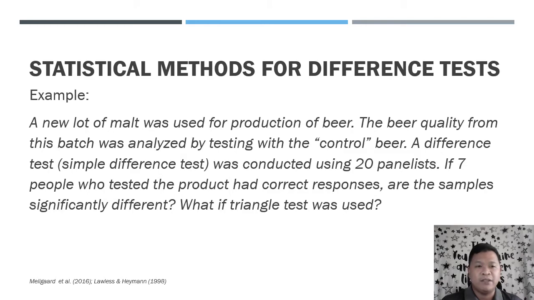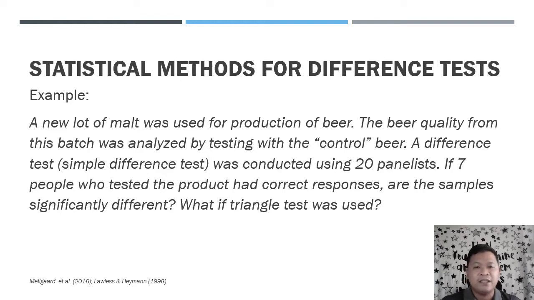So for example, there's a lot of malt used for beer production, and the beer quality was analyzed by comparing it with the control sample. Difference tests were conducted using 20 panelists, and if out of the 20, 7 people tested the product correctly, what would be the significance test results? Okay, and what if triangle test was used instead?